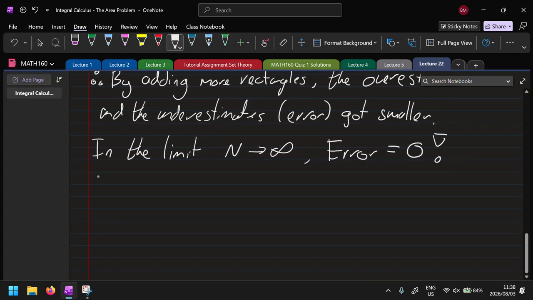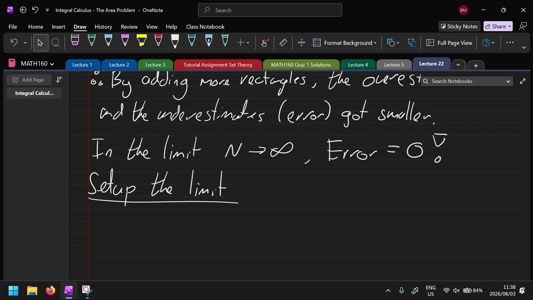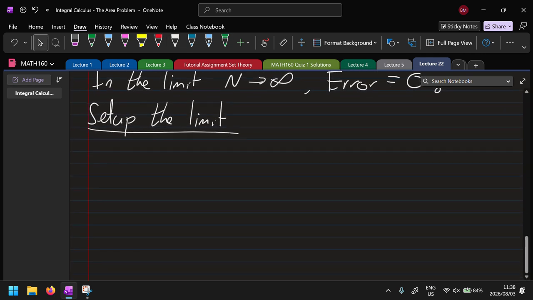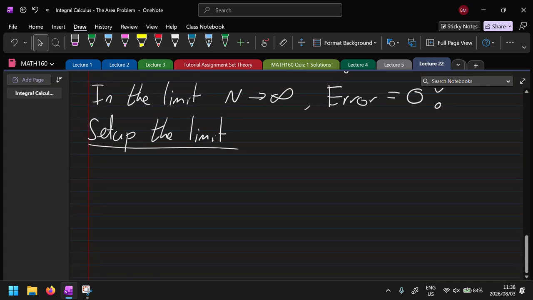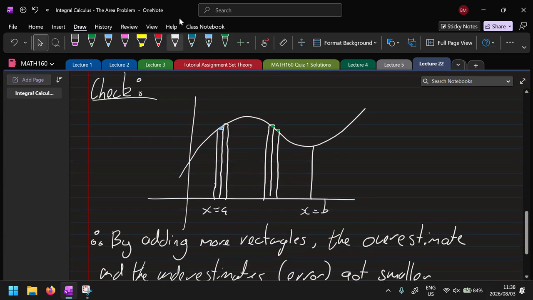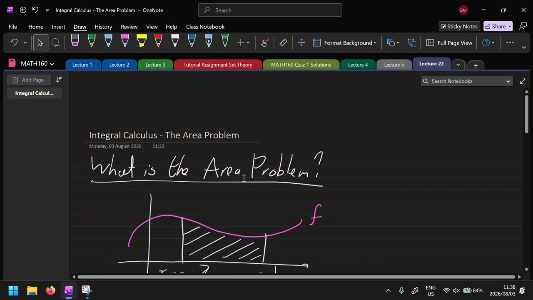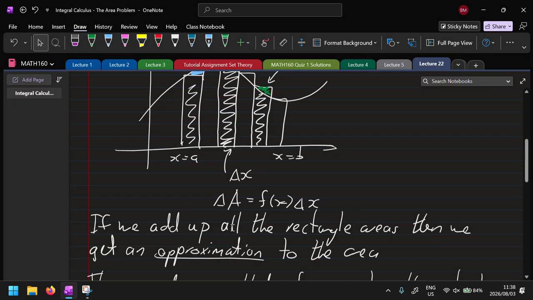Okay, so let's set up this limit. Again, you won't be asked to prove it, but you will be asked to do the calculations for the limits. So we're going to set it up. What do we need? Well, the idea is to find the area of each individual rectangle, like we did over here.